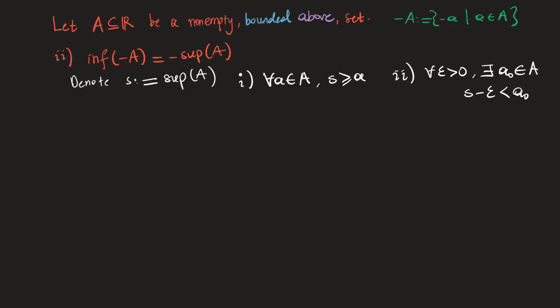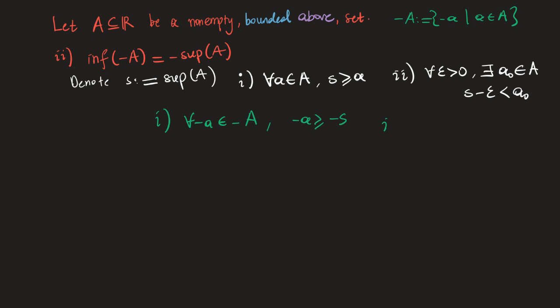So let me again rewrite these inequalities: for any minus a in the set minus A, minus a is greater than or equal to minus S. The other way around.